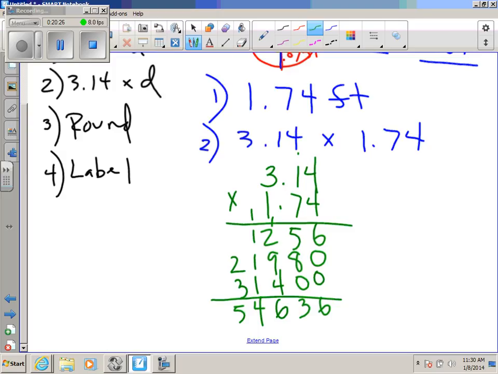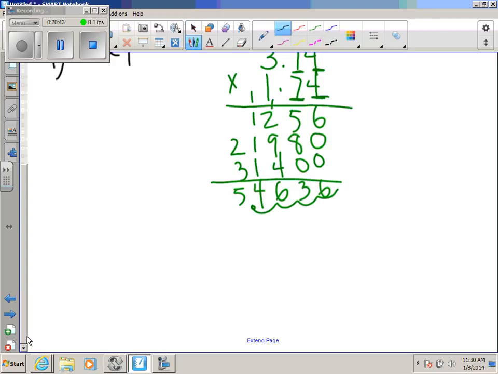How many decimals? 1, 2, 3, 4. Where is my 100th place? Right here. Now, do I have some action after it? Yes, I do.